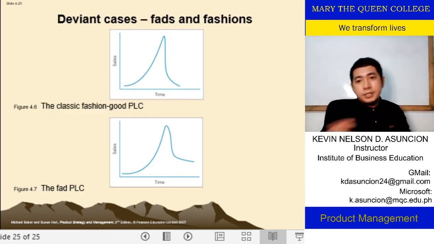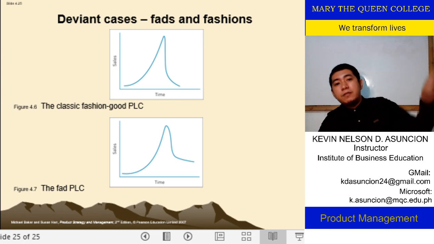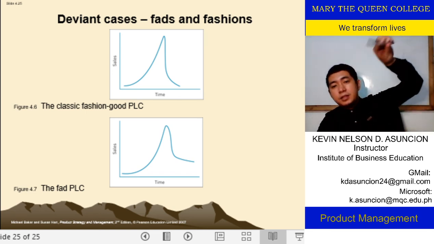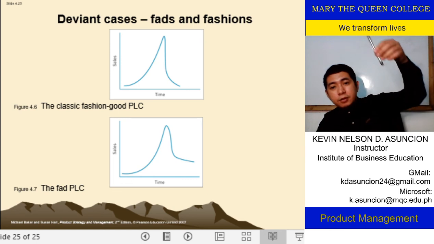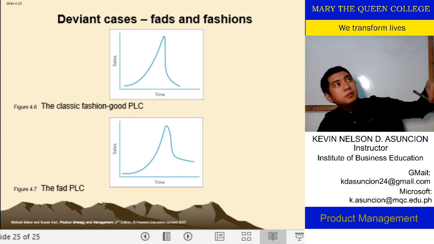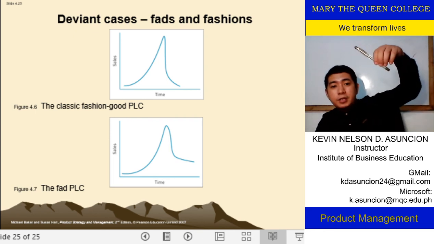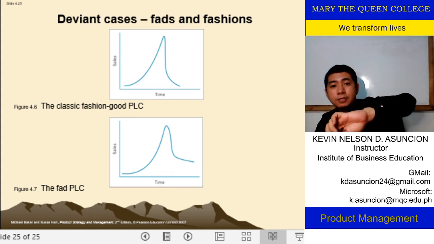And there are instances that there's no curve, in fact, where you reach maturity and then decline. There are what we call deviant cases such as fads and fashion. So the classic fashion good PLC should show a sharp slope of growth, and then suddenly it goes down sharply as well.